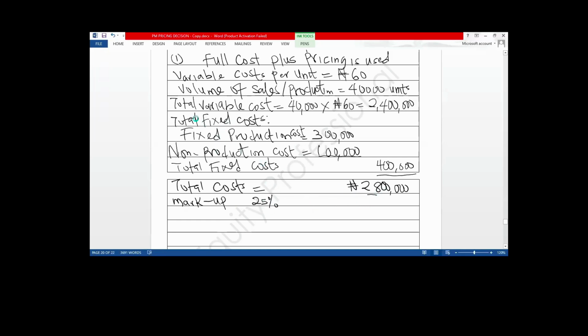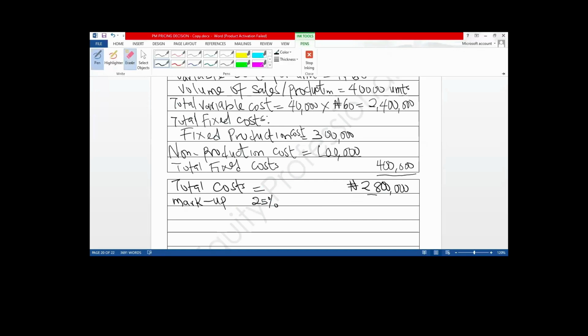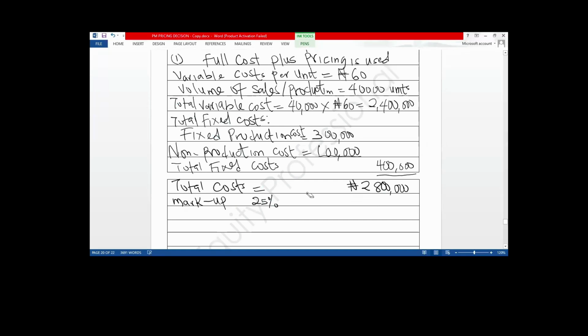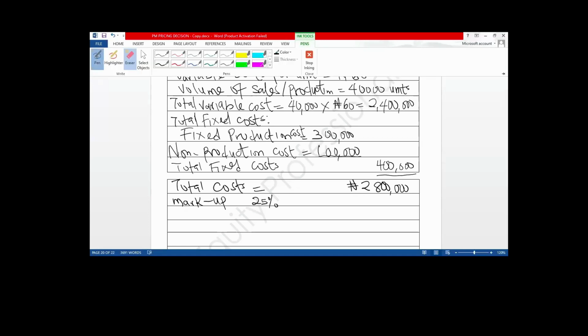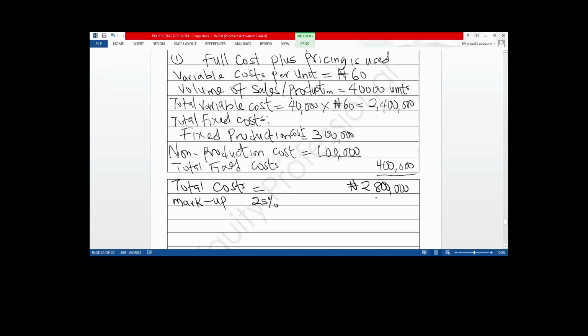What do you have? 700,000. Now, if you add your total cost to your markup, that will give you your total sales value.